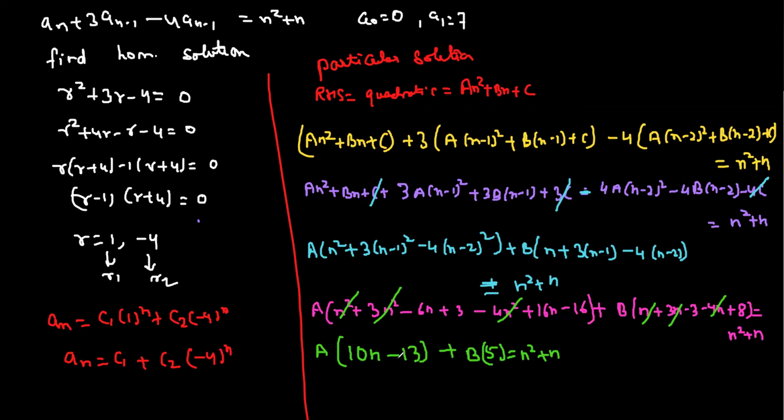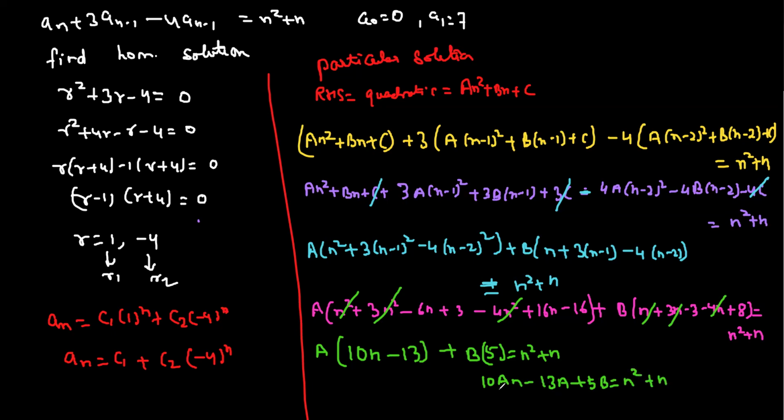Now open the bracket. Ten an minus 13a plus 5b is equal to n square plus n.